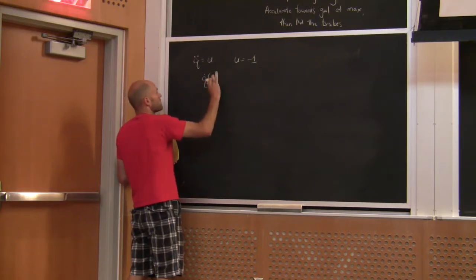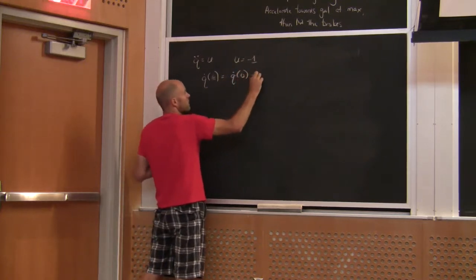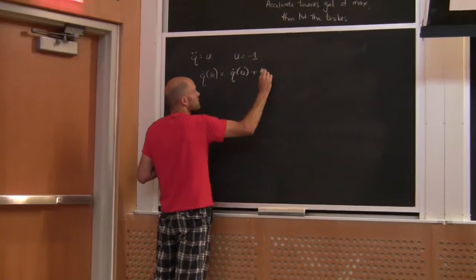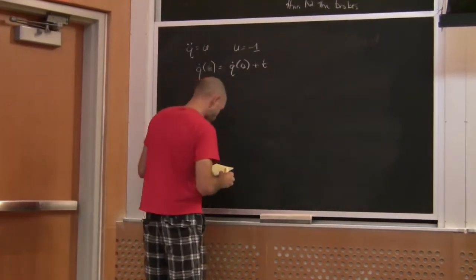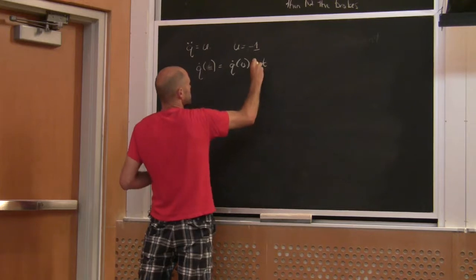So I know that my velocity is going to evolve as a function of minus t, sorry. It's going like this.